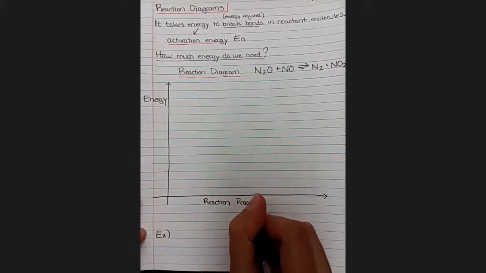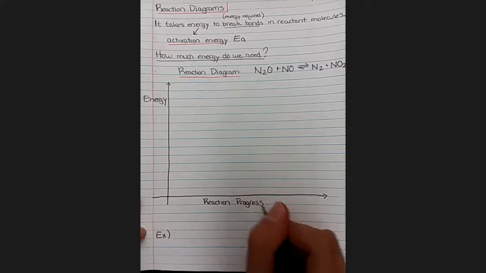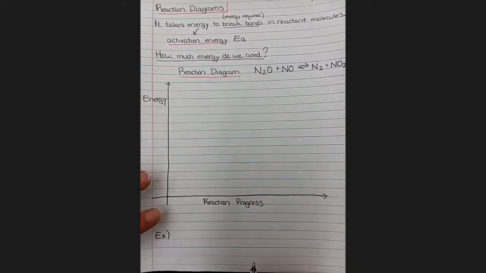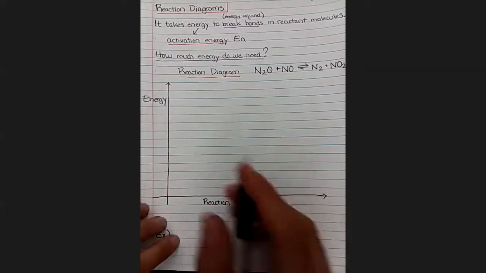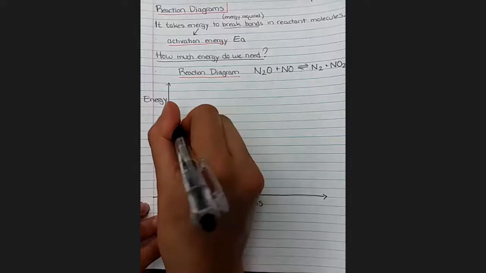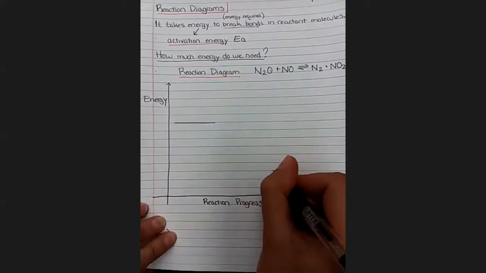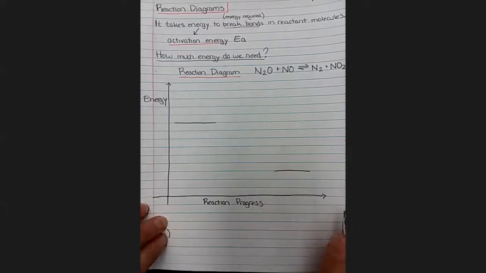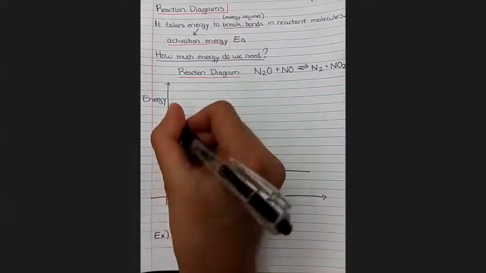It's not strictly in time, it's just in progress from reactants to products. So our reactants are going to have some energy and our products are going to have some energy, just like we learned about in the thermodynamics chapter. So maybe we could put reactants there and products here. I'm just arbitrarily picking those.